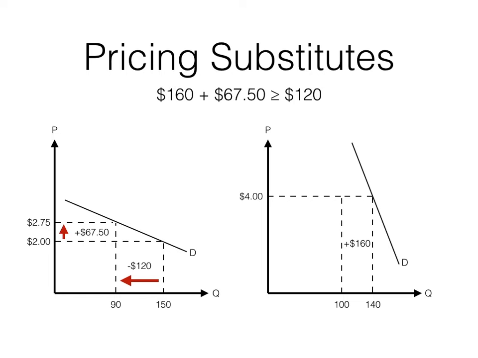In the end, the $160 from the increased sales in the more inelastic demand market on the right, plus the $67.50 from the higher price in the low markup market on the left, is greater than the $120 you lose from the reduced sales. So this is a way of pricing substitutes.